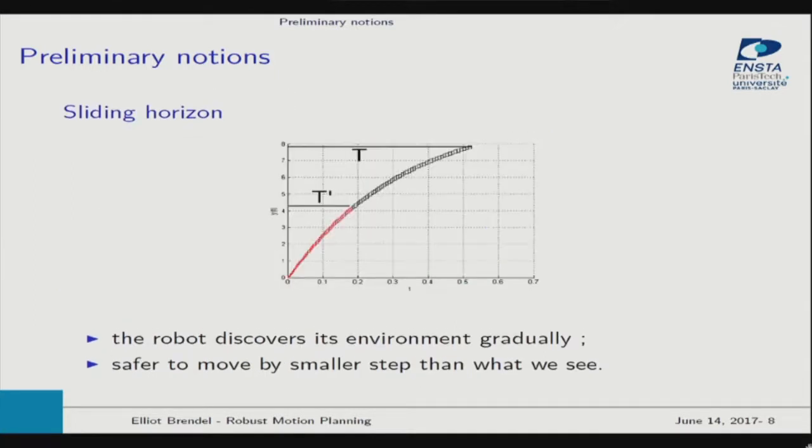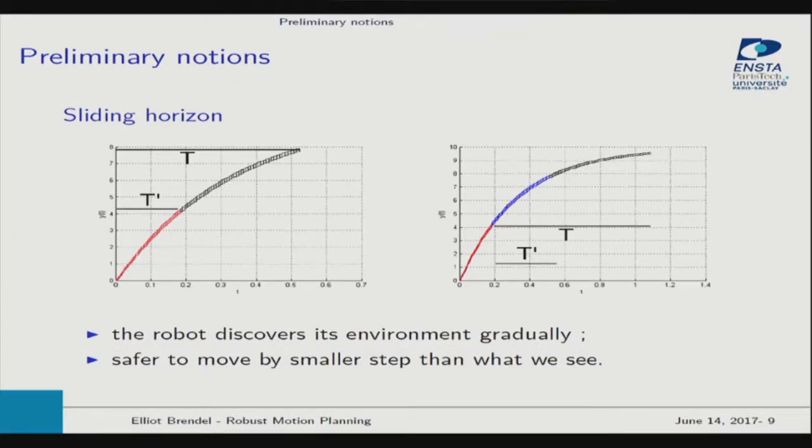Then a few words about sliding horizon. So the idea is to simulate the solution of the ODE on a large time span t, which is the prediction period, and then the robot will only move by a smaller time period t prime, which is the sliding period, and then starting from t prime we repeat these steps.